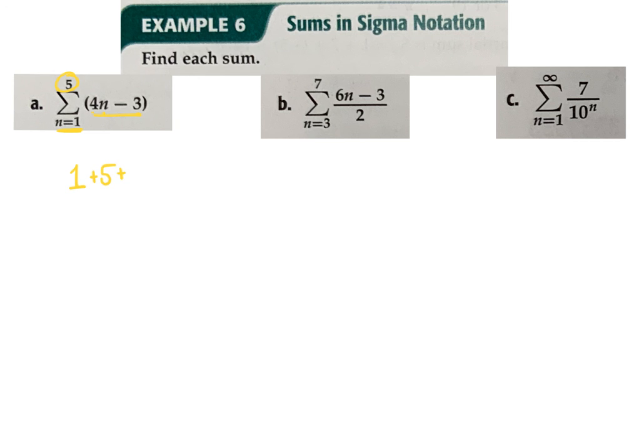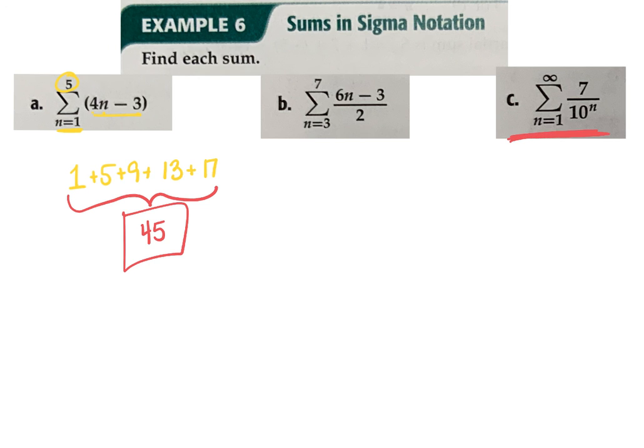My third term is 4 times 3 minus 3, which is 9. Then 4 times 4 minus 3, and then 4 times 5 minus 3. What they want me to do is add all those up. That's all the summation means.